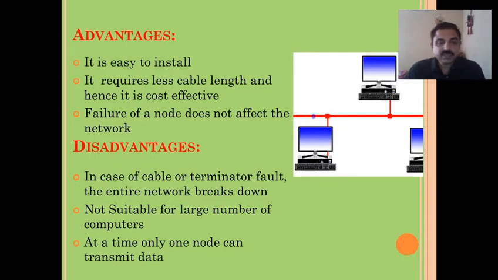This network is not suitable for a large number of computers because everything depends on a single cable. At a time, only one node can transmit data. This is another disadvantage. Is it clear?